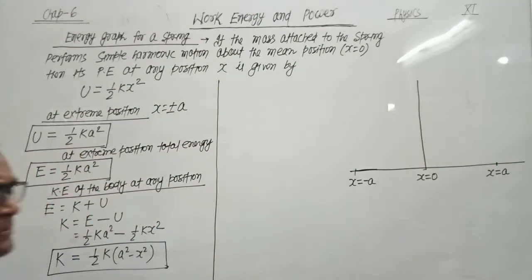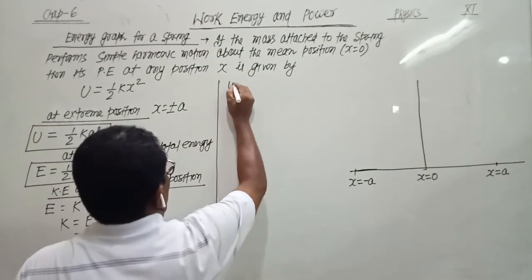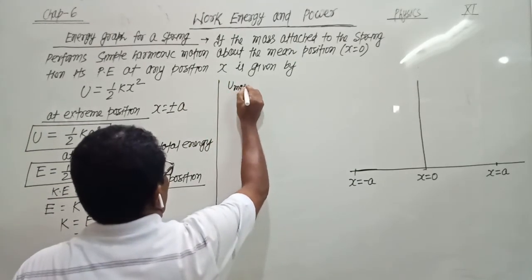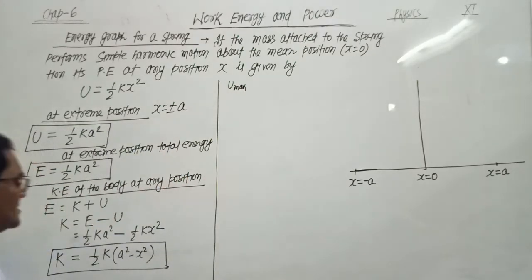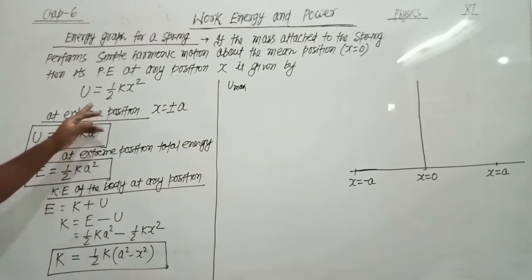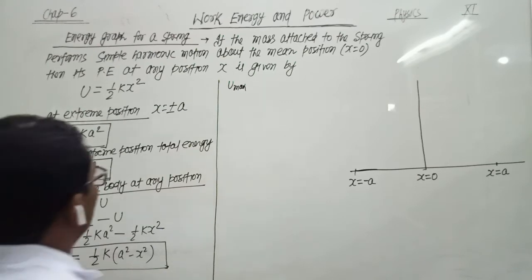Now the potential energy at the extreme position, U maximum. We have seen U equals 1/2 kx², which is the expression for potential energy at any position.